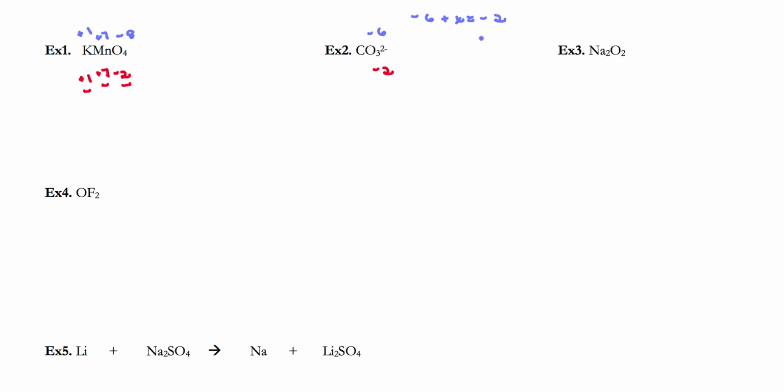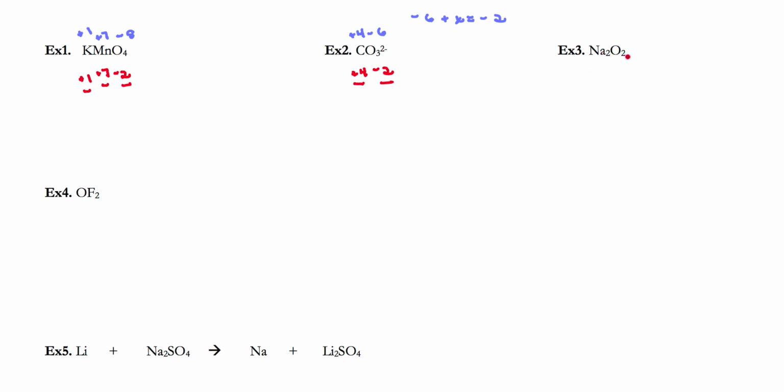That would be 4 if you did your math. So carbon is going to be +4. Since I only have 1 carbon, each carbon will have a +4 oxidation number. So if I asked you to list your oxidation numbers here, it would be +4 and -2. All right, let's look at the next one.